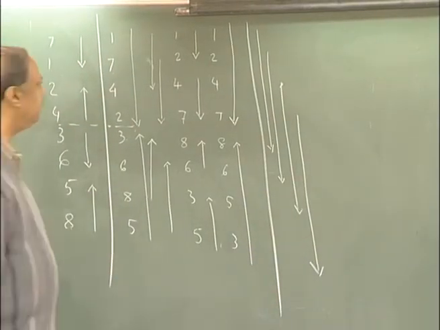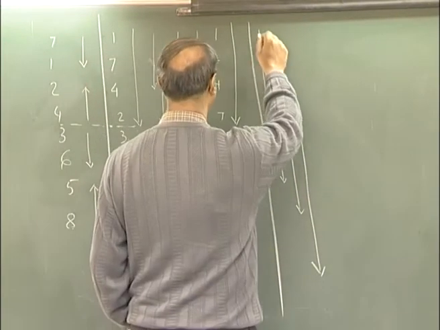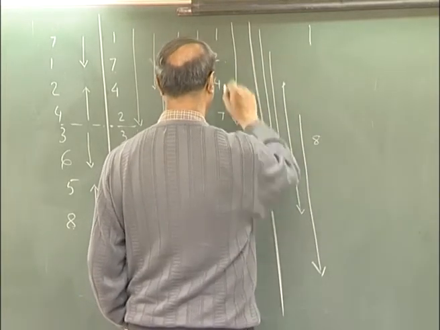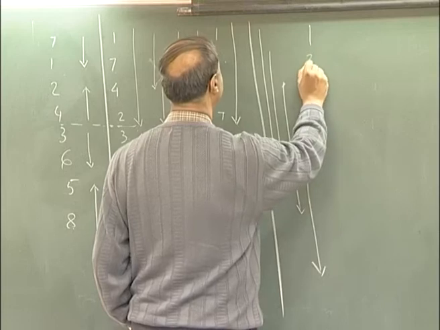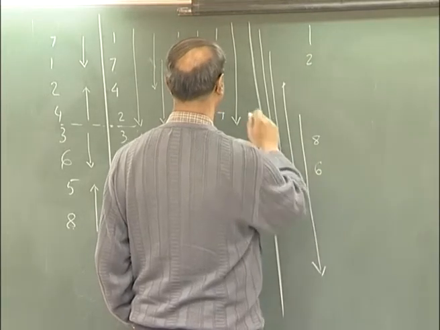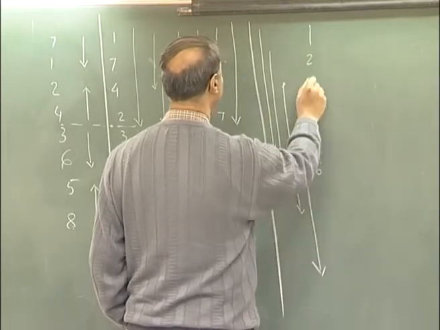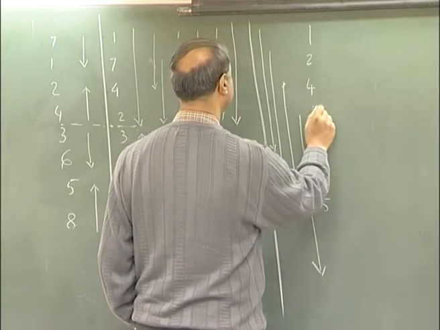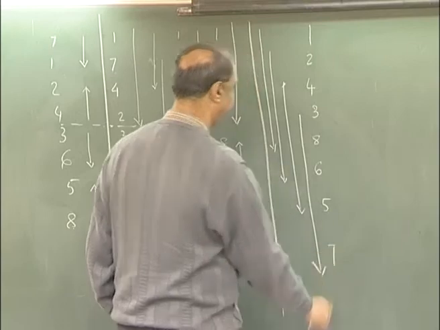After doing that, if I compare 1 with 8, you will get 1 here, 8 here; 2 with 6, 2 here, 6 here; 4 with 5, 4 here, 5 here; 3 with 7, 3 here, 7 here.